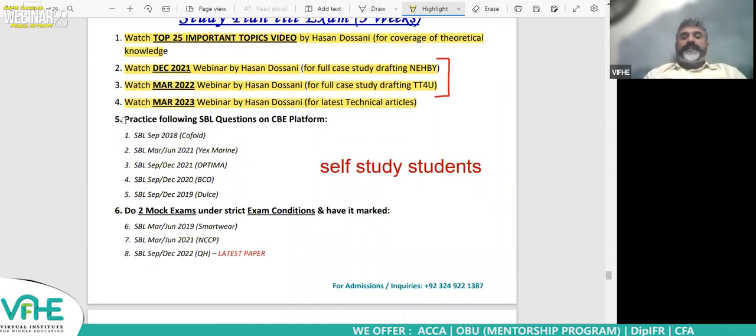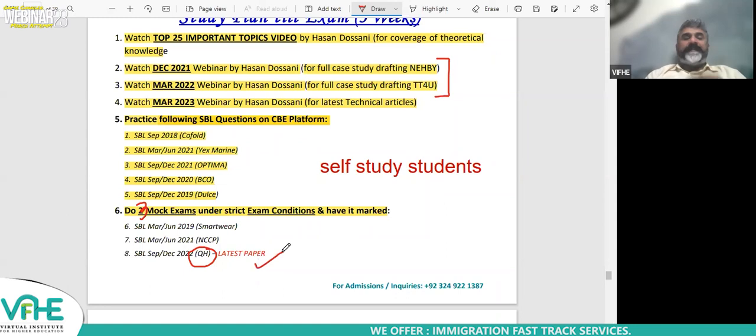And then for the self-study students, you must practice the following questions on the CBE platform. These are the questions. And you must do at least 3 mocks. Sorry, there's a typo, 3 mocks, not 2. One of the latest, QH, which we did today, is the latest paper available.